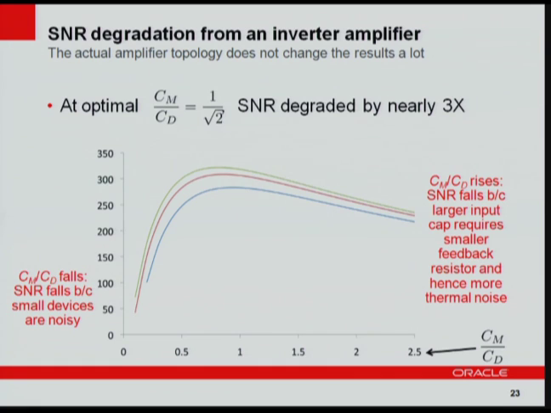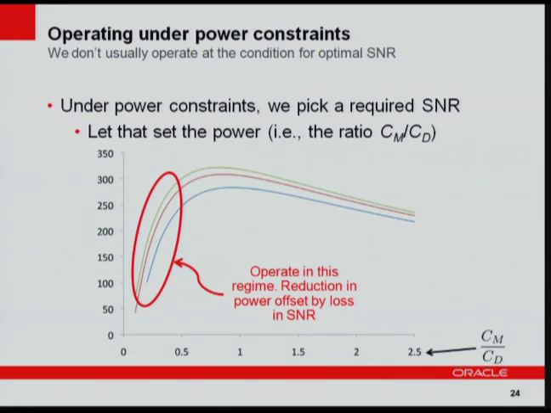Now, what we're really interested in is to maintain a particular SNR. That is, we should remember those numbers from the probability of error, somewhere about 50 to 80, somewhere in here. Okay, that gives us the probability of error that we want. So that implies that if I want to shoot for that, I would not want to be at the optimum SNR position.